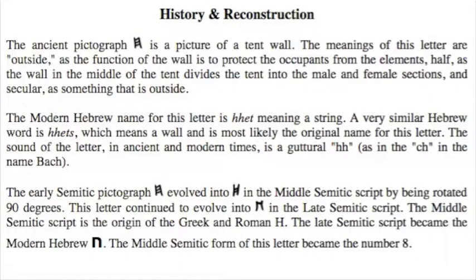So let's get to the paragraph itself. It says, the ancient pictograph is a picture of a tent wall. The meaning of this letter is outside, as the function of the wall is to protect the occupants from the elements. Half, as the wall in the middle of the tent divides the tent into the male and the female sections, as we went over in the Ba.